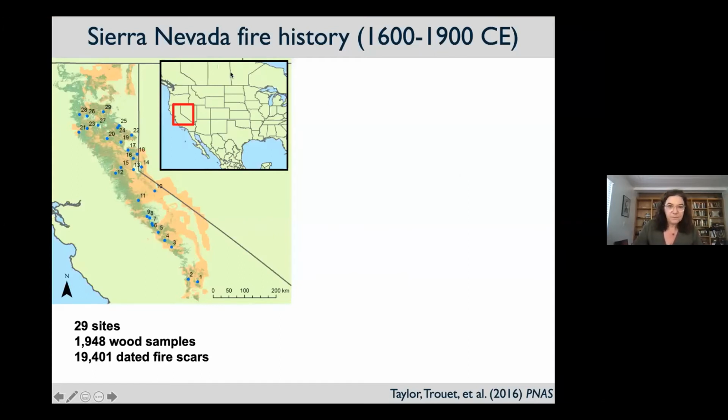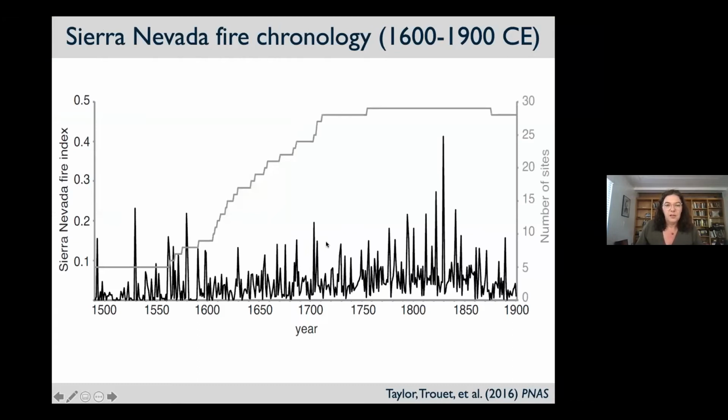We do this based on a lot of samples, and when we do that, we can put a chronology together for the entire Sierra Nevada. So this is a fire chronology for the Sierra Nevada from 1500 to 1900.